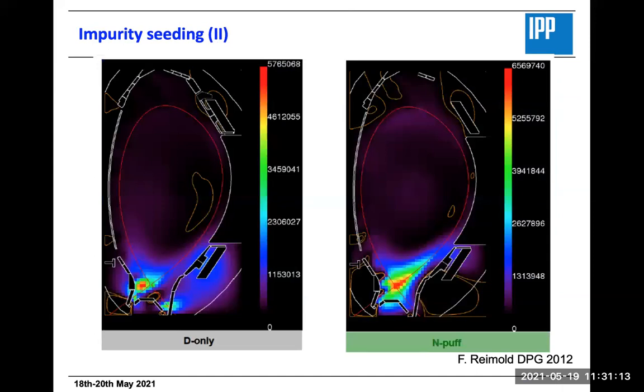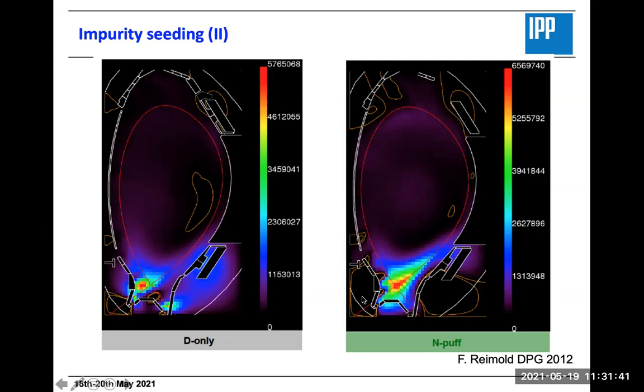If we look now in the poloidal plane and try to understand where this radiation is taking place, the left figure is the case that was previously also on the left with the hot tiles. The hot tiles we were looking at were the tiles here in the outer divertor. You can see there's some radiation here in the inner divertor volume, a tiny bit of radiation in the outer divertor, and that's it.